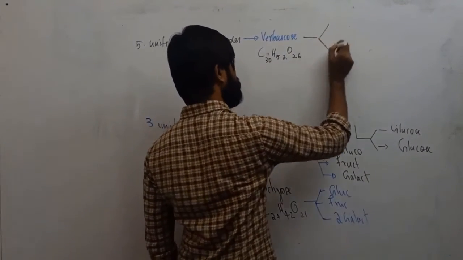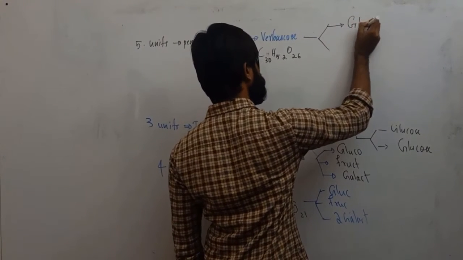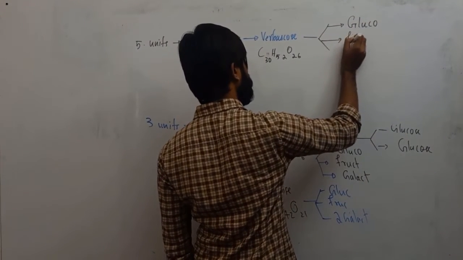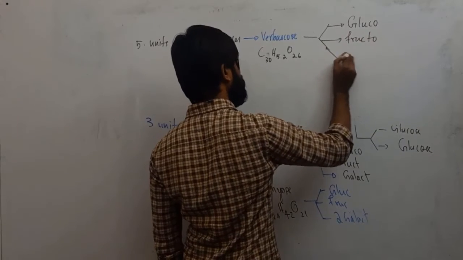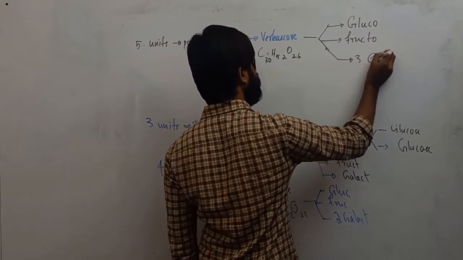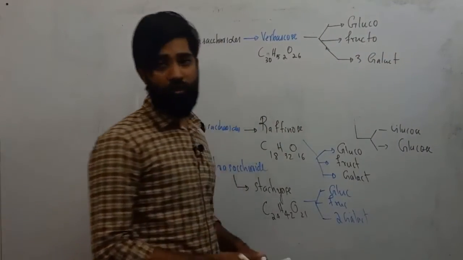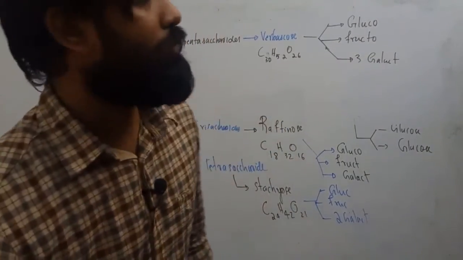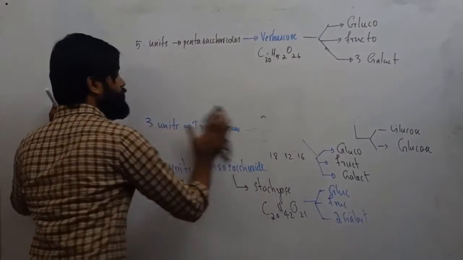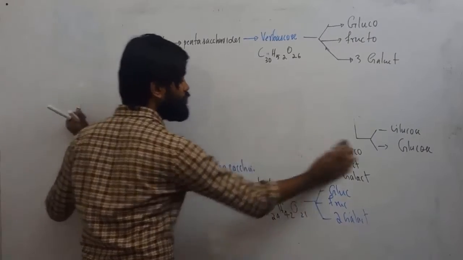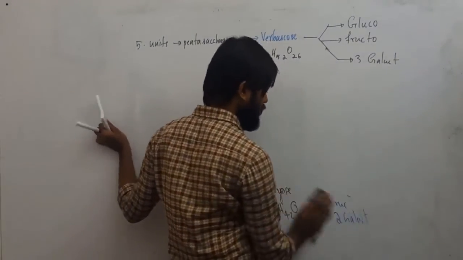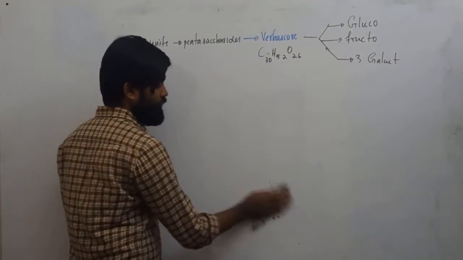The monosaccharide units are glucose, fructose, and 3 molecules of galactose. So from 2 to 10, that is said to be oligosaccharide. And if it's more than 10, then that is known as polysaccharide.